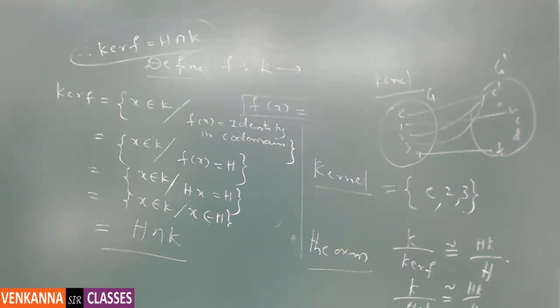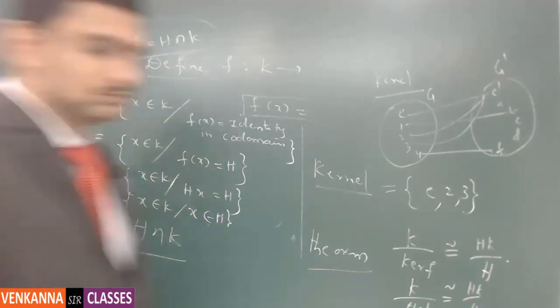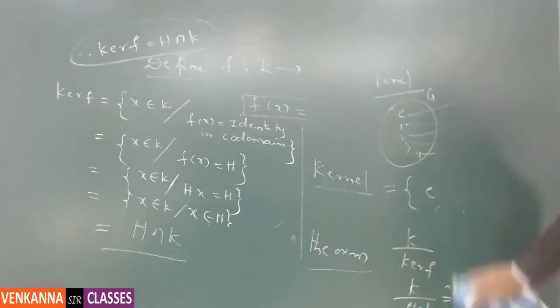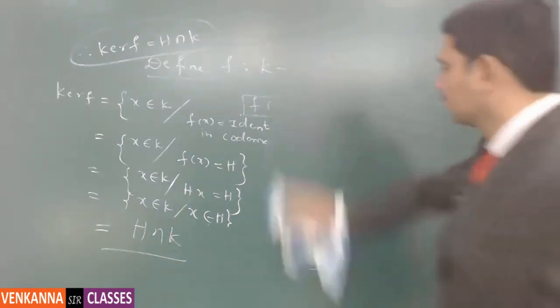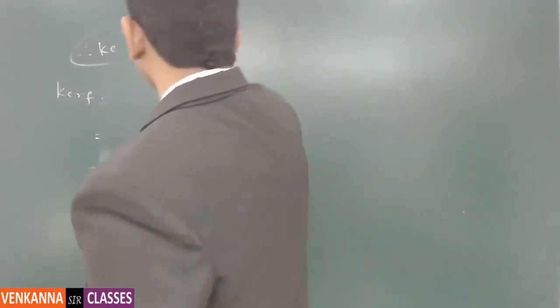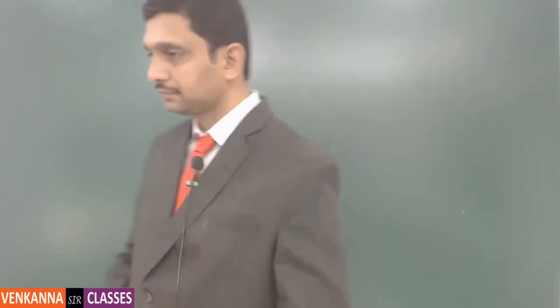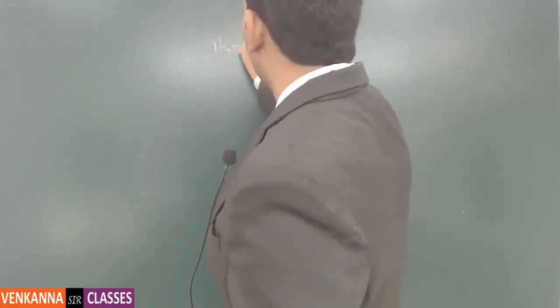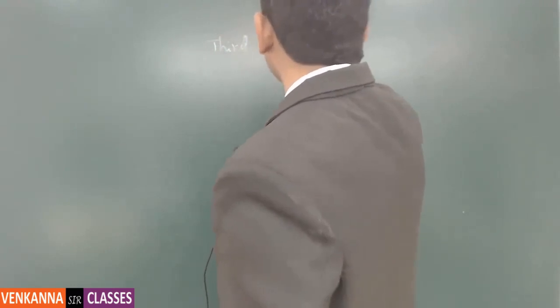Then a similar kind of theorem is there that we call the third isomorphism theorem. This also has the same pattern that we discussed now. Then we can say isomorphism theorems are completed. Now we discuss the third isomorphism theorem.